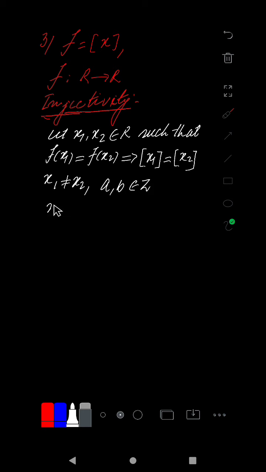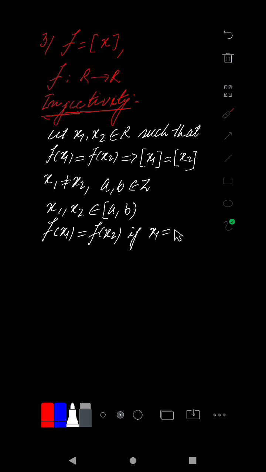So for any two elements belonging to [a, b), f(x1) must be equal to f(x2) whether x1 is equal to x2 or x1 is not equal to x2.